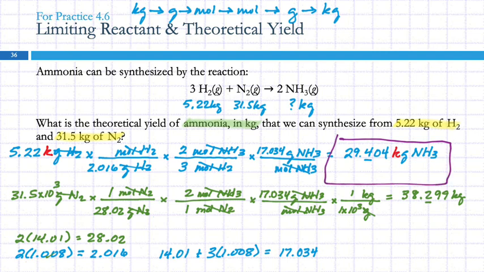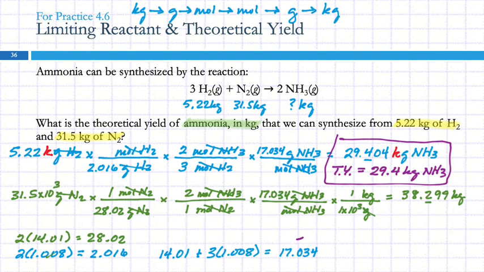So that means my theoretical yield is 29.4 kilograms of ammonia. As I'm rounding this, the next digit is 0, so I round down. If everything went perfectly and all of the hydrogen got used up, you could make 29.4 kilograms of ammonia. Is it going to happen perfectly? No, nothing ever happens perfectly.